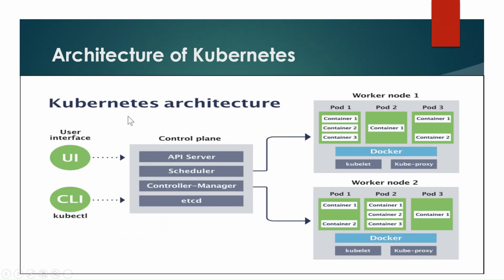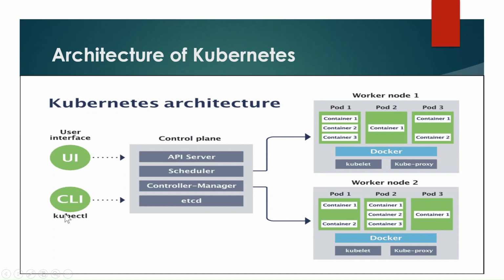Now let's see architecture of Kubernetes. So this is the architecture of Kubernetes. This is the user interface. It helps to communicate with the control plane of the Kubernetes architecture.